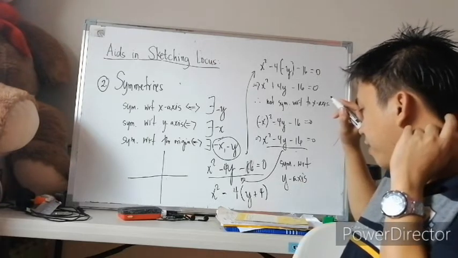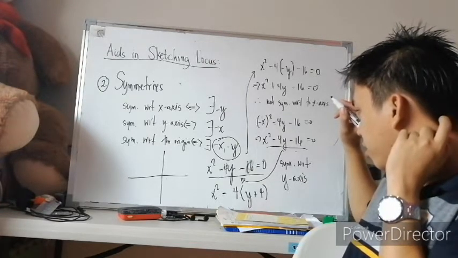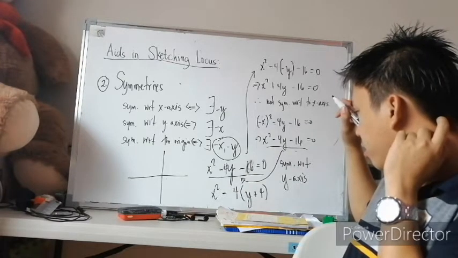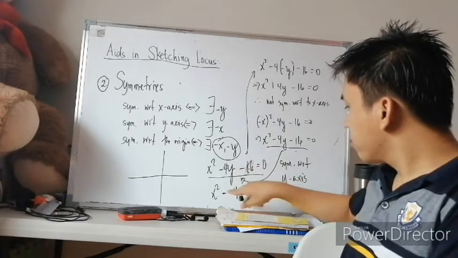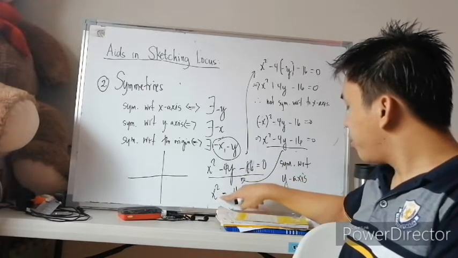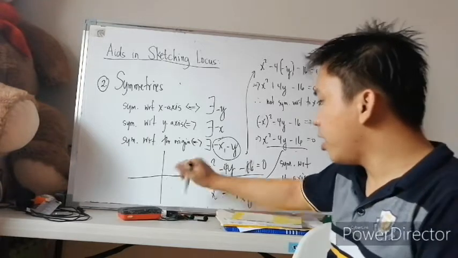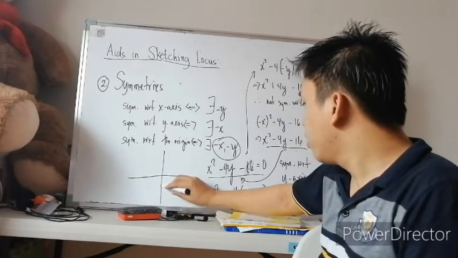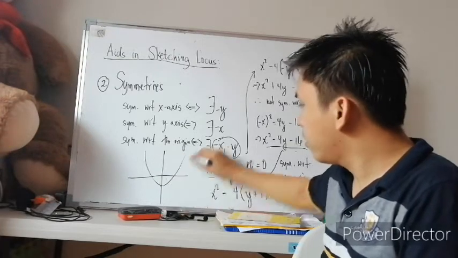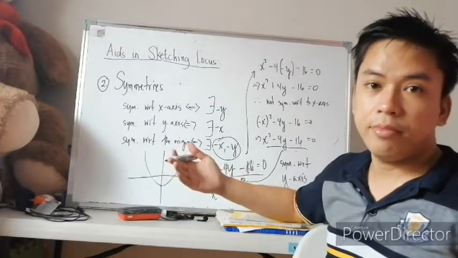So the vertex is at (0, -4), and it opens up, so something like that. So as you can see, this is symmetric with respect to the y-axis. That's it.